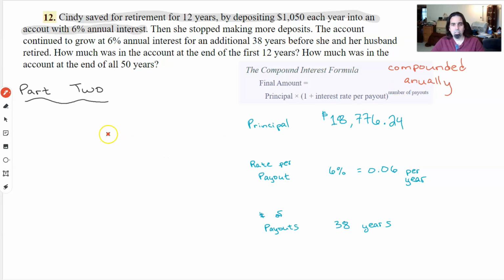Pardon my spelling if I did that. That looks wrong. That's better. Okay. So we don't have to do anything. There's no divided by 12 times 12. There's no divided by 52 times 52. We're just done. Everything is years. We are good. So we plug things in.